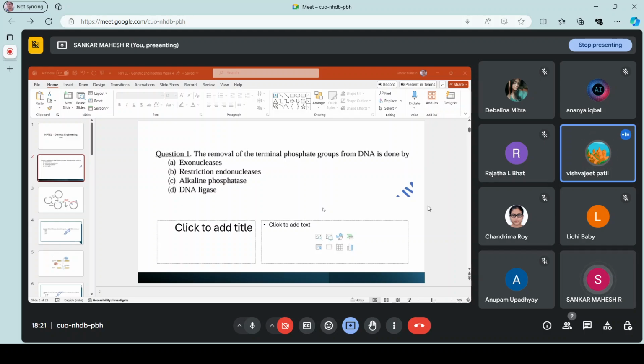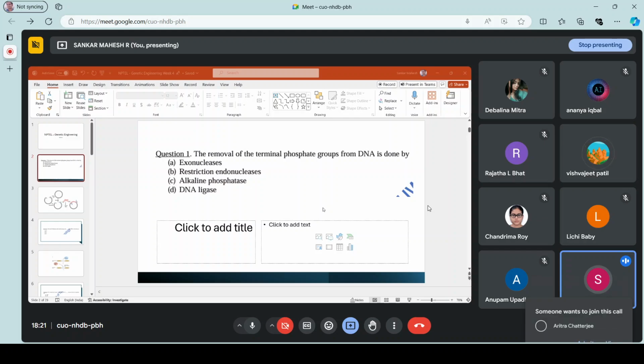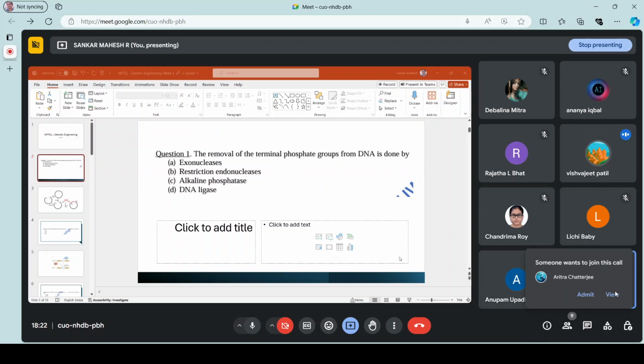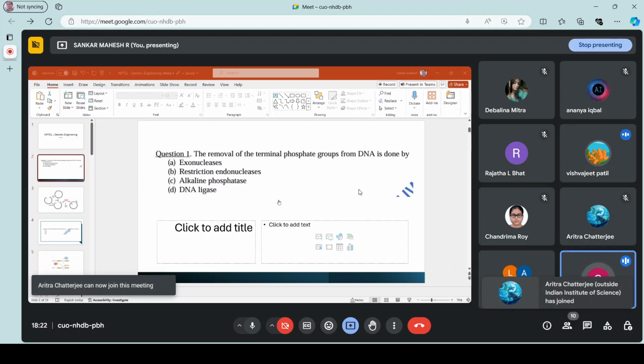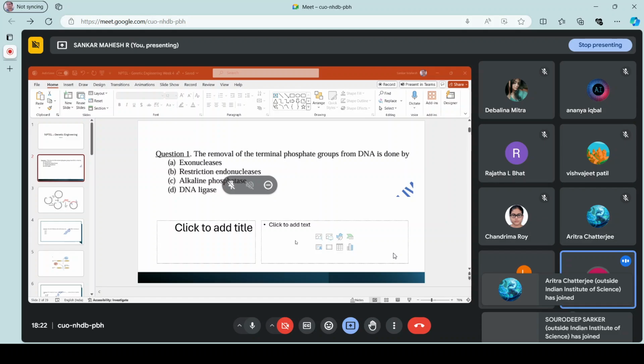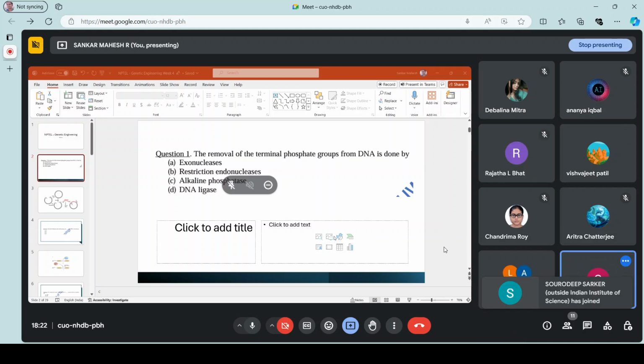Okay, so you're trying to say in the lagging strand, these are not formed together. You have something called Okazaki fragments, and that would mean you have one stretch of DNA and multiple small stretches that are complementary.